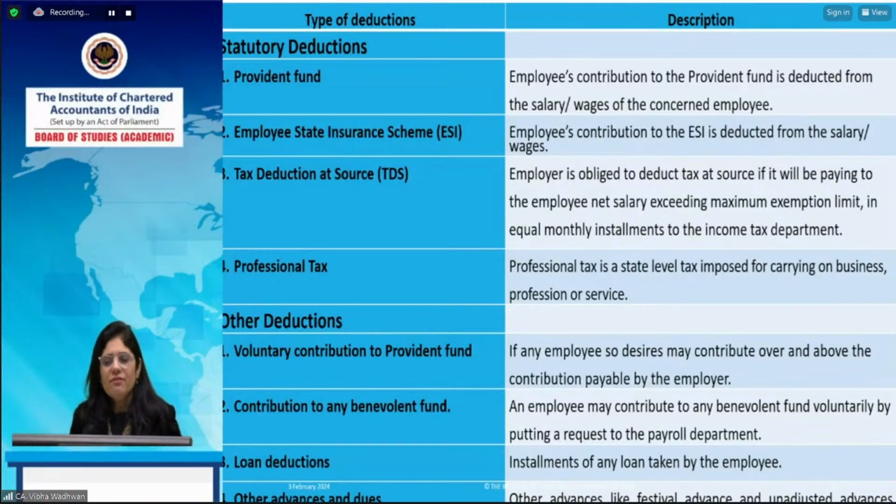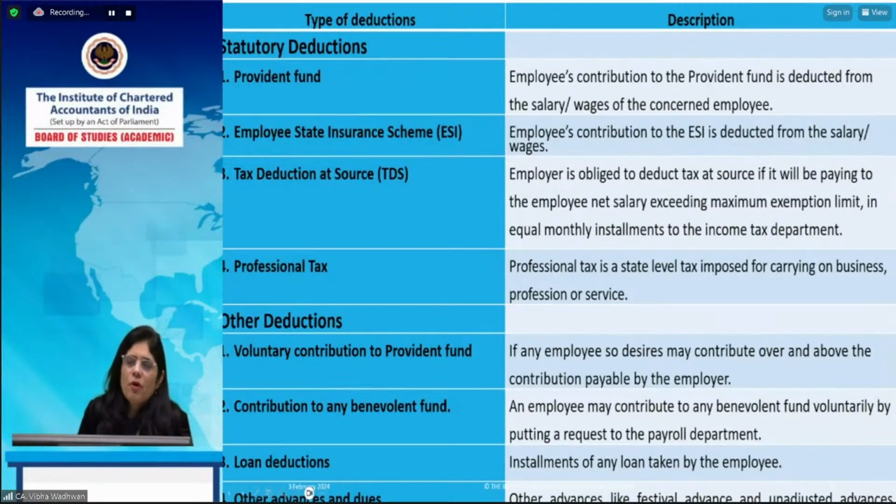So provident fund, of course, I hope you know what it is. It's a retirement benefit. During the life of the job of an employee, every month they contribute towards provident fund. And mostly an equal amount is contributed by the employer. So both employee and employer contribute to the provident fund.